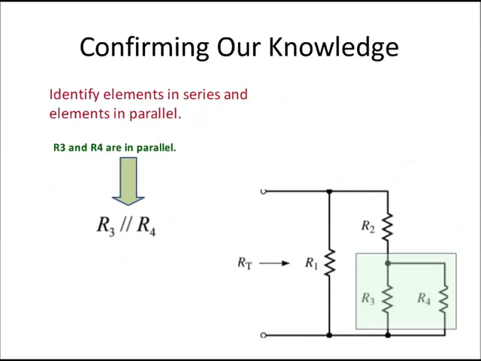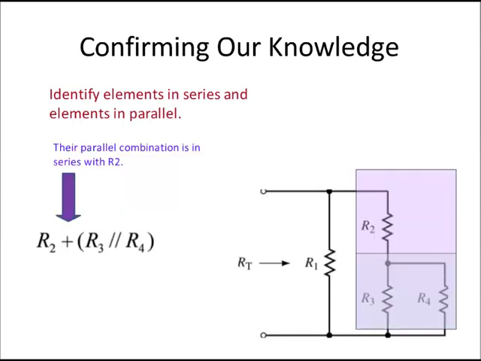So the first thing I do with the resistors furthest away from the terminals, where I'm actually going to look into the circuit and find out what the total resistance is, is identify that R3 is in parallel with R4. So I've written that out. Now that we have R3 in parallel with R4, I'm next going to observe that this parallel combination is in series with R2.